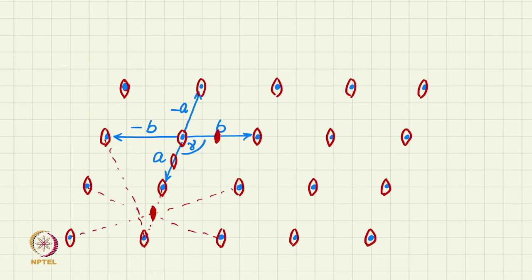So, same thing is true for B also. And A plus B is also a translation vector, the diagonal vector. So, in that direction also you will generate a two-fold at half A plus half B, that will be in the center of the unit cell.